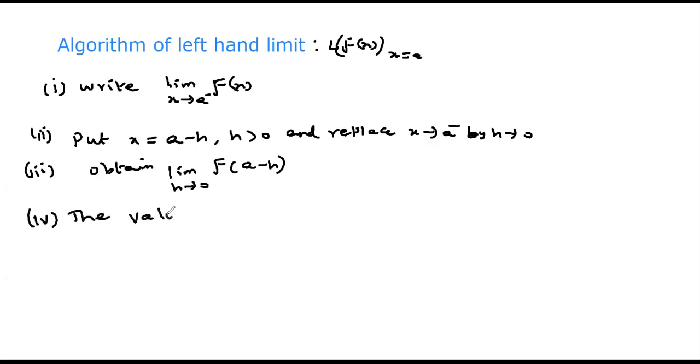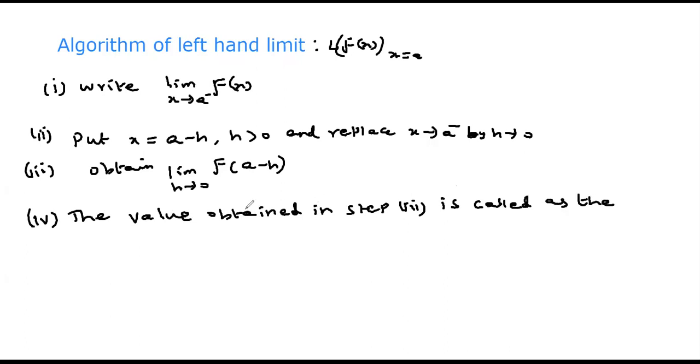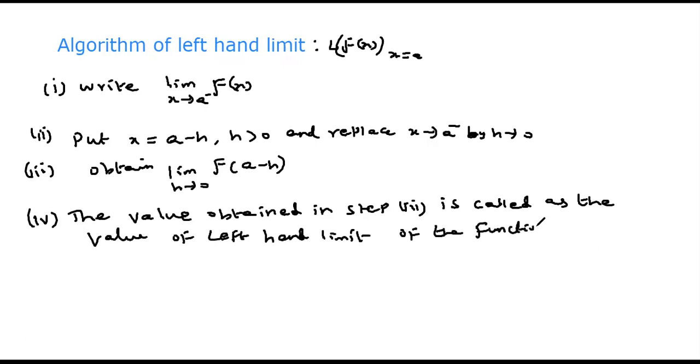The value obtained in step 3 is called the value of the left hand limit of the function f(x) at x equal to a.